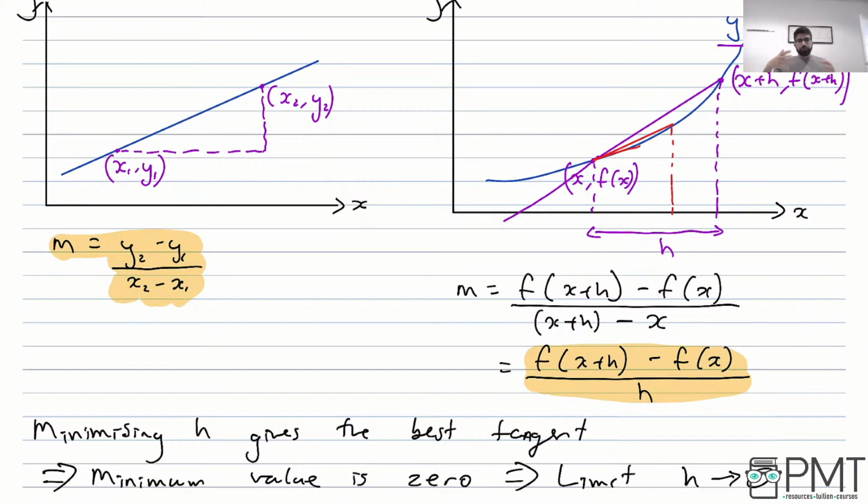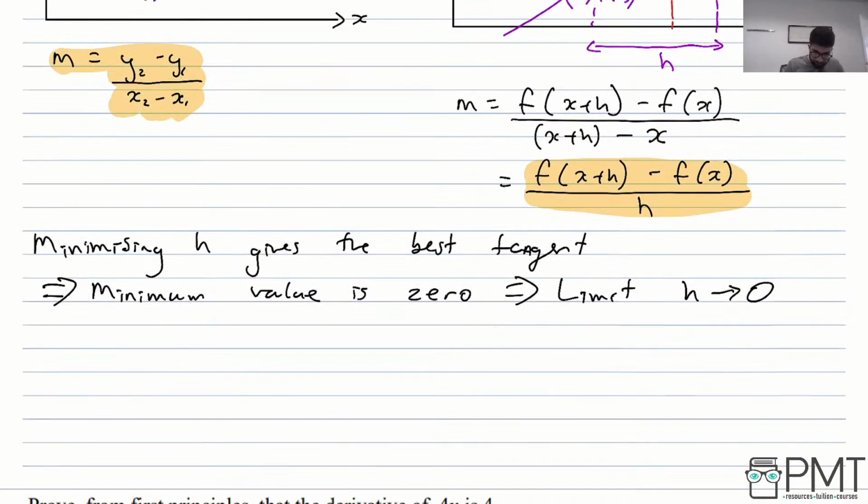But if you want to find the gradient of the curve, which is the best possible tangent, we take the limit when h goes to 0. So that's why we have got this formula.